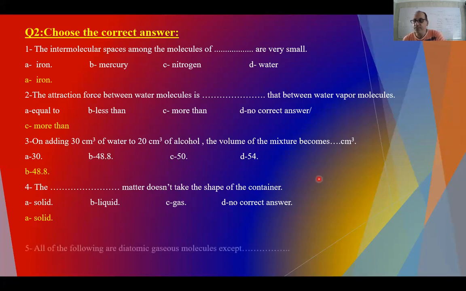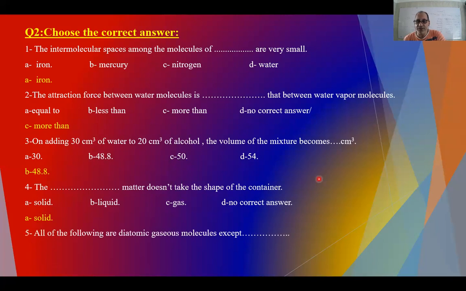Okay? All of the following are diatomic gases, molecules, except... In general, of all the elements in the world, we have only 7 elements which are diatomic. What are the 7 elements?